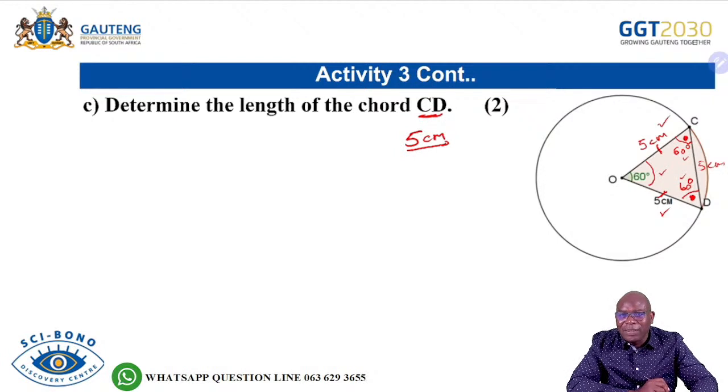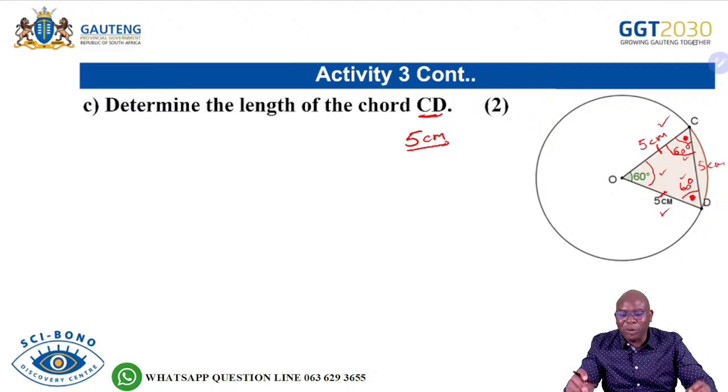Okay. So now the reason there, remember, is that this angle and that angle will be equal, and it is an equilateral triangle. In an equilateral triangle, all sides are equal, all angles are equal. Therefore, side CD will be 5 centimeters. So we did not need a formula to do that.